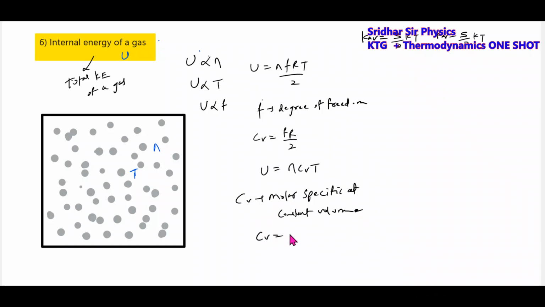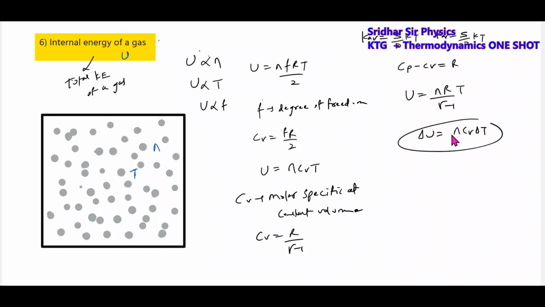Then Cv we can also write as R/(gamma minus 1). Then further, Mayer's equation: Cp minus Cv equals R. Then internal energy we can also write as nRT/(gamma minus 1), and delta U should be equal to nCv delta T. Change in internal energy is directly proportional to change in temperature, where gamma is called Cp/Cv.